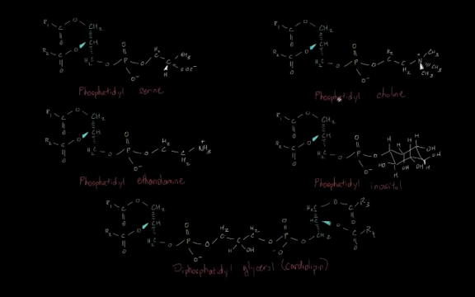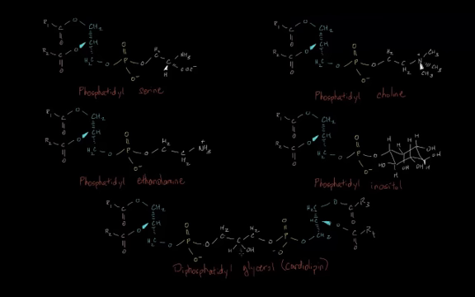I notice that there are five different phospholipids that can actually occur. There's phosphatidylserine, phosphatidylcholine, phosphatidylethanolamine, phosphatidylinositol, and diphosphatidylglycerol, also known as cardiolipin. You'll notice that in this last one, there are actually two phosphatidyl groups that bond to a middle glycerol.